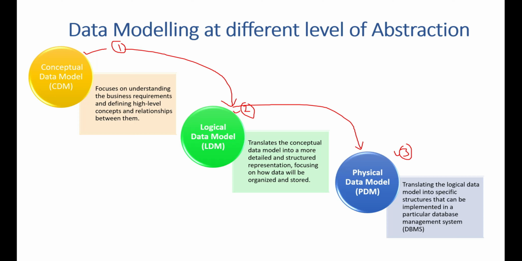You might ask, is the logical model compulsory? Need not be. If the requirement is not too complicated, you can avoid the logical data model and just convert the conceptual data model into the physical data model. So from 1 to 3 you can directly jump. It depends, but the physical data model is a must, because that is where you are actually storing the data.